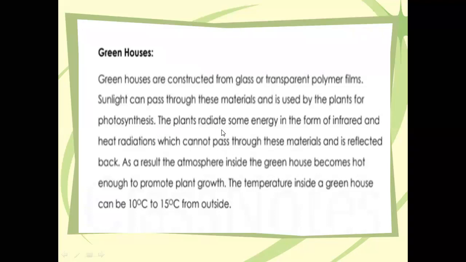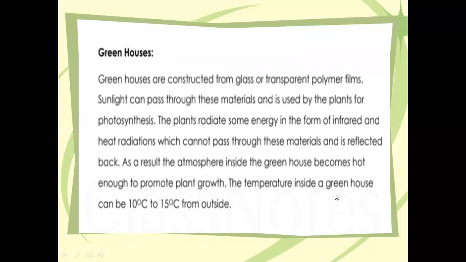The plant then radiates some energy in the form of infrared and heat radiation, but it cannot pass through these materials and is reflected back, the same as the greenhouse gases on our earth. As a result, the atmosphere inside the greenhouse becomes hot enough to promote plant growth.